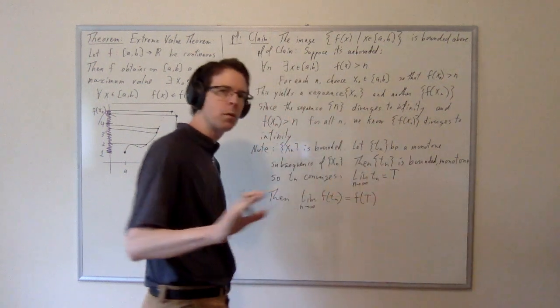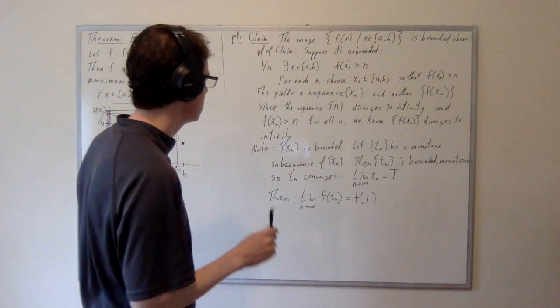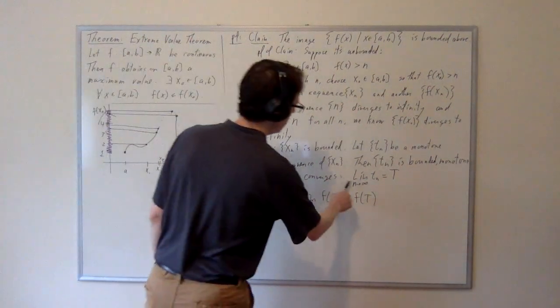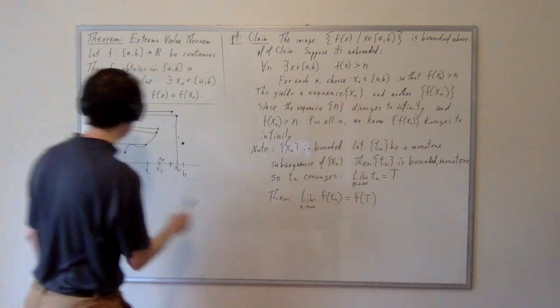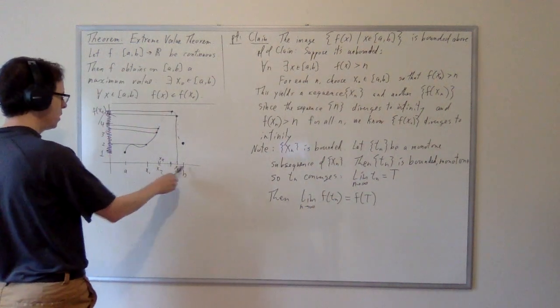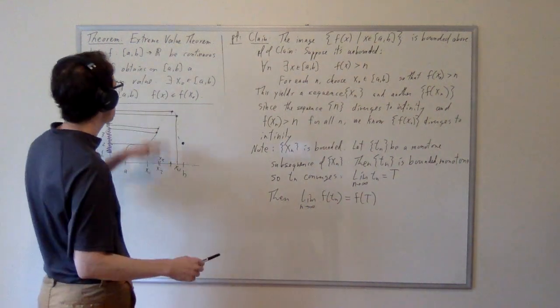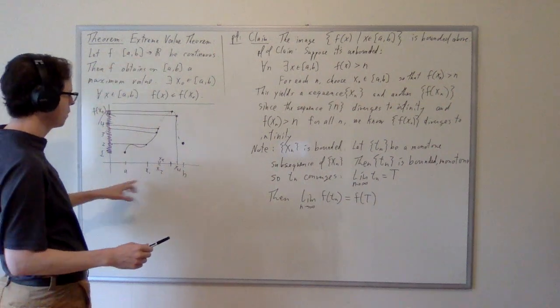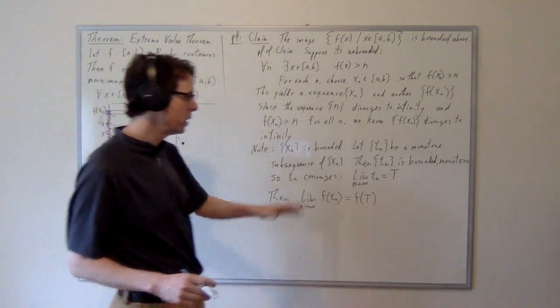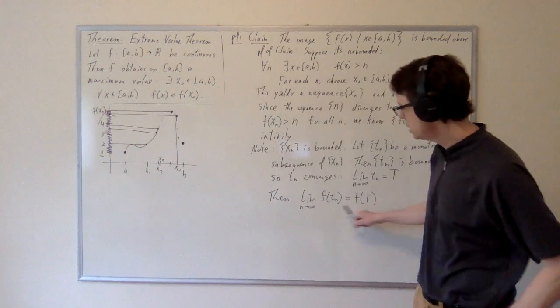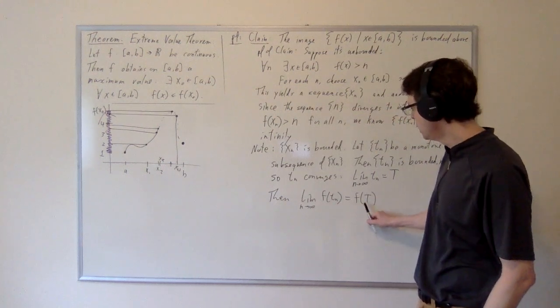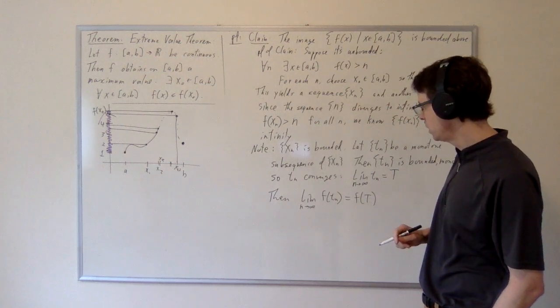Now, if you're worrying about whether f of t exists, f of t does necessarily exist. It's the limit of tn. The tn's must converge to some value within the closed interval ab, and f is defined on the entire closed interval ab. So f of t definitely exists here, and this tells us that the limit of f of tn is equal to that value f of t.